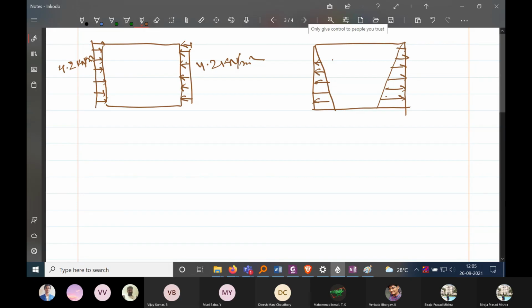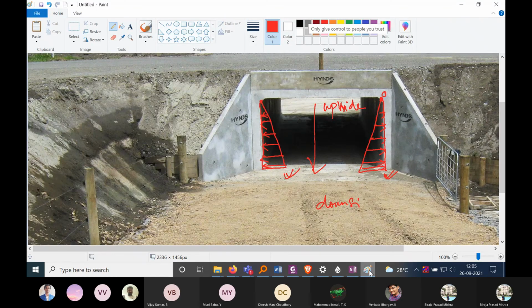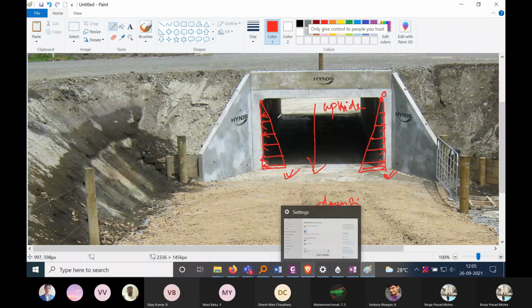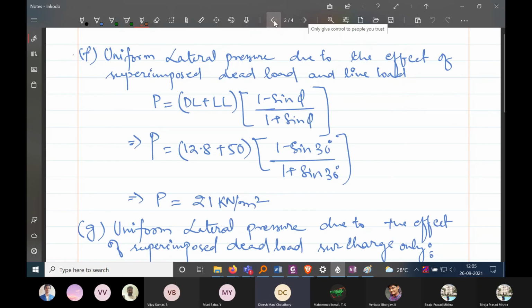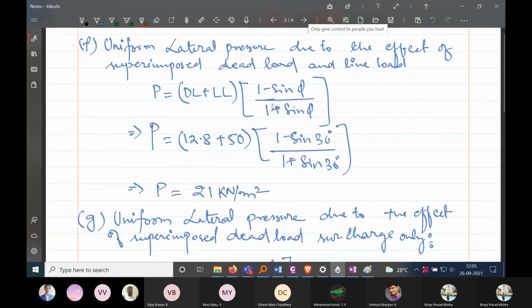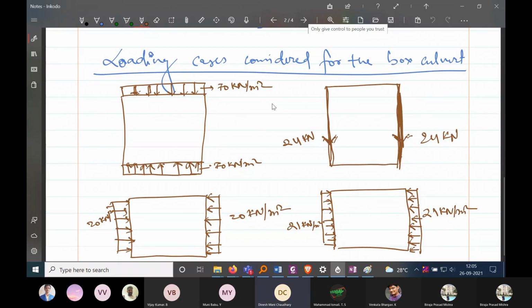One thing I said wrong, but nobody corrected me. I'm talking about this one, the soil pressure.